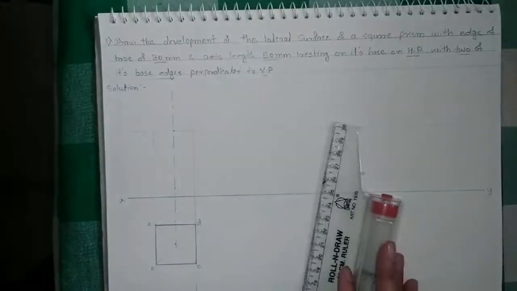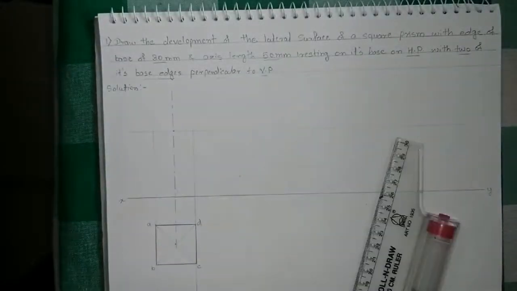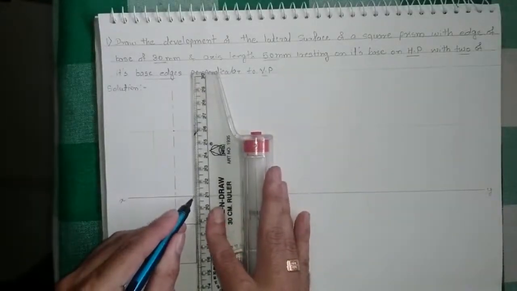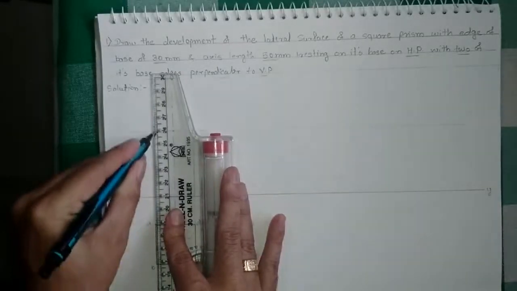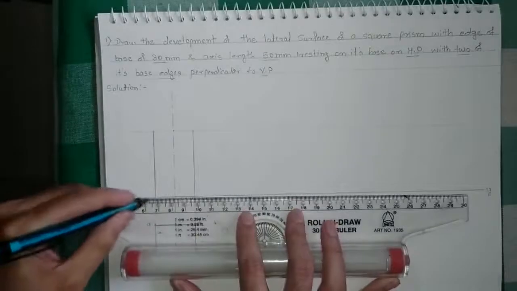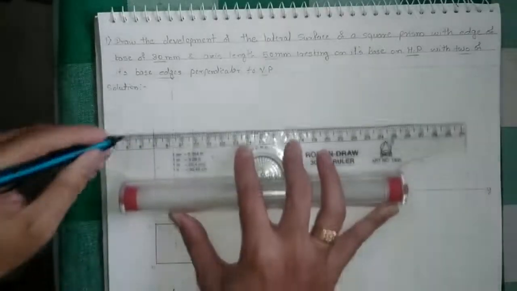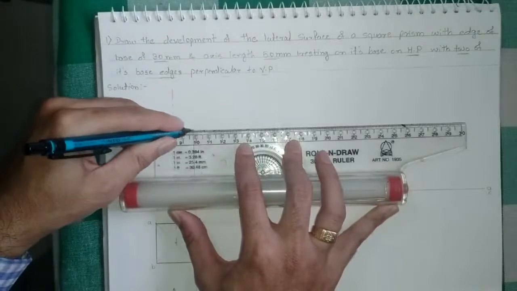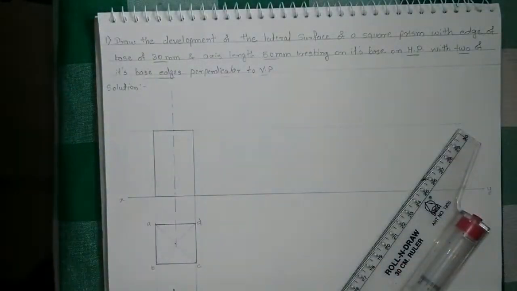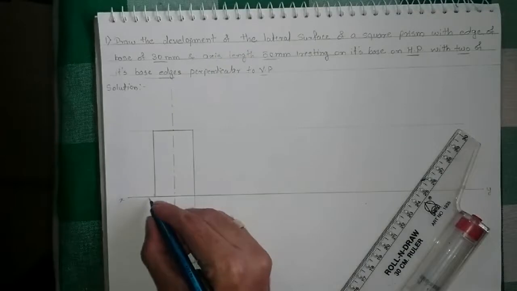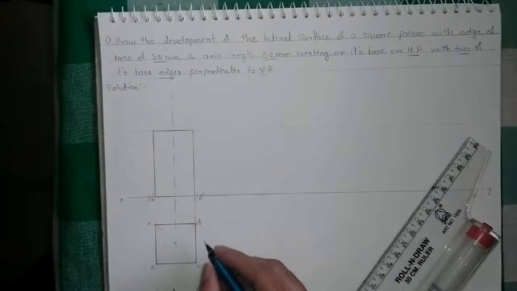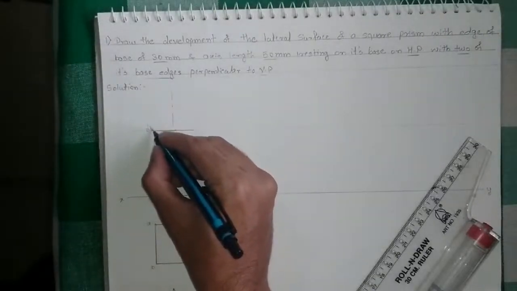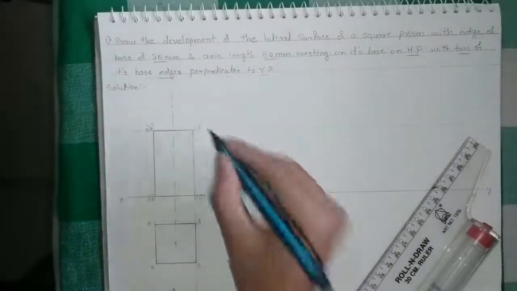In the front view we can see the area here. Now we give the naming a b, a dash, b dash, c d, c dash, d dash. The same naming at the top: a dash, b dash, c dash and d dash.